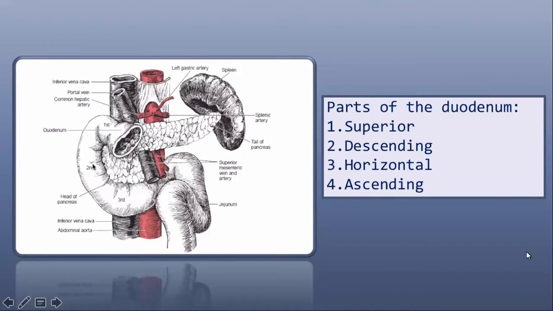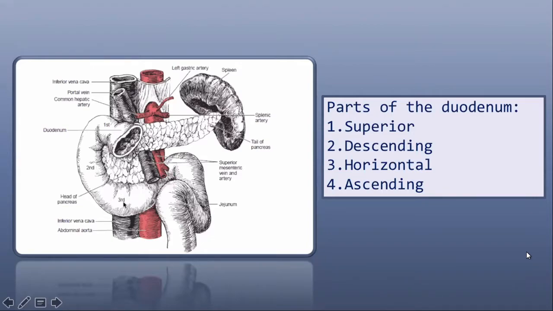So this corresponds to L1 to L3, the entire second part, curving around your head of the pancreas. Very important part, because this is the area posteromedial to this part where your bile duct and your main pancreatic duct would enter the second part of the duodenum.